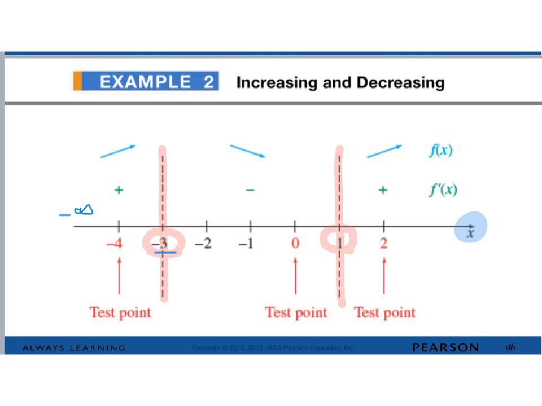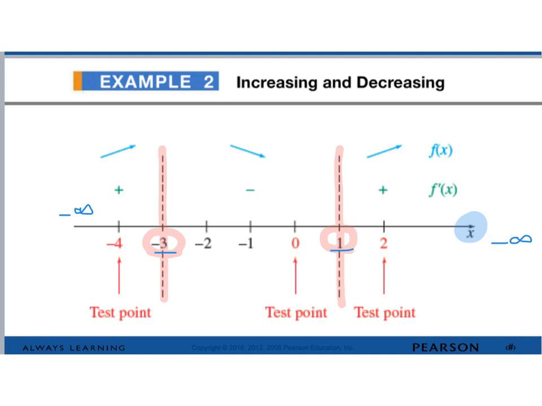Our second interval goes from negative 3 to 1. And our third interval goes from 1 to positive infinity. And then the next step is to take the value of the derivative at one number in each of those intervals.